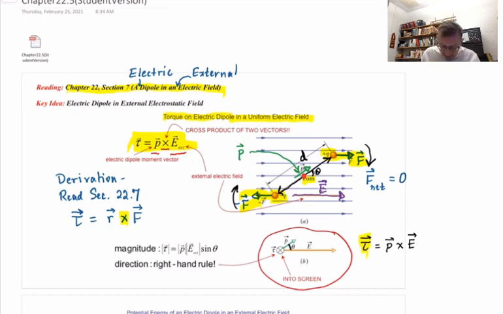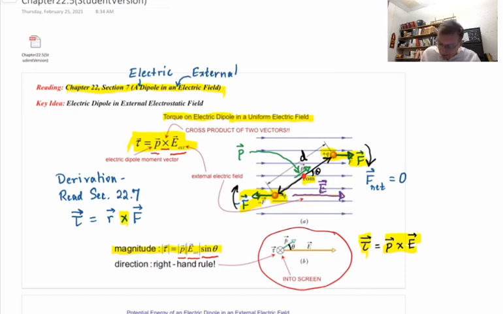And to get the magnitude, we will do this the same way we would get the magnitude of a cross product last semester. Remember, our cross product here is P cross E. To get the magnitude of that torque, we will do the magnitude of the first vector in the cross product, little p, the dipole moment, times the magnitude of the electric field, E, times the sine of theta, where theta is the angle between P and E when they're drawn with a common tail.